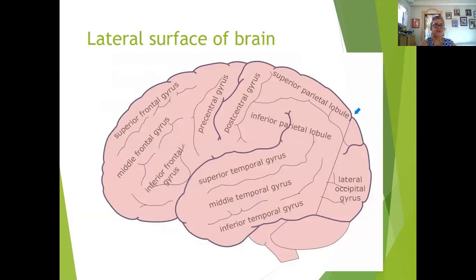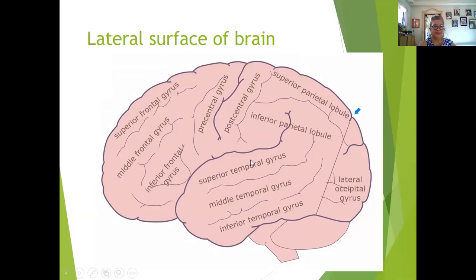So this is your lateral surface of the brain, as I have already let you see. So there is no actual fissure that will be seen here in the straight line, but on the medial side it will be congruent to your parieto-occipital fissure.